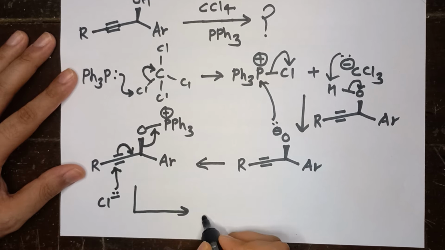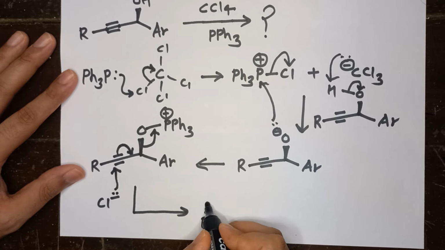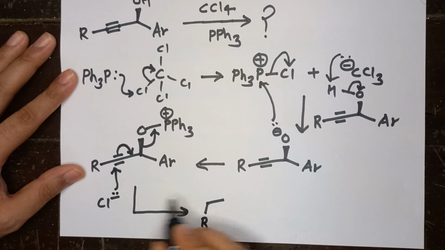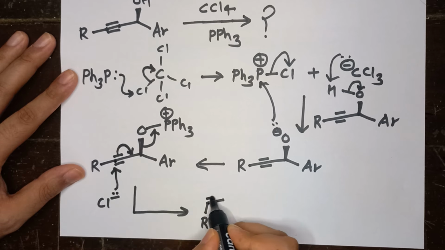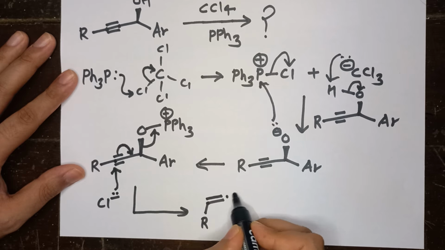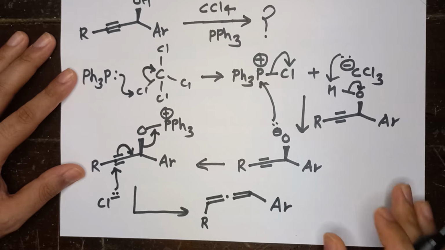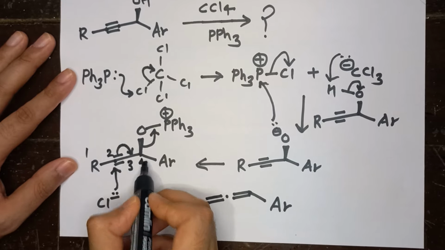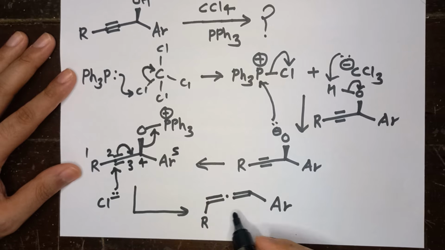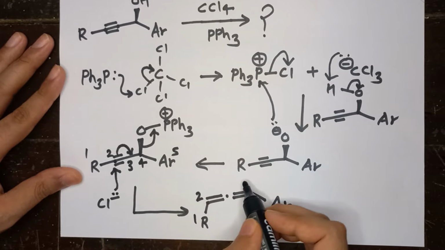And we get, so this time we are getting, so this is my CH2, we have a double bond, another double bond, and we have an Ar. Correct? Let's number them. So this is 1, 2, 3, 4, and this 5 is Ar.